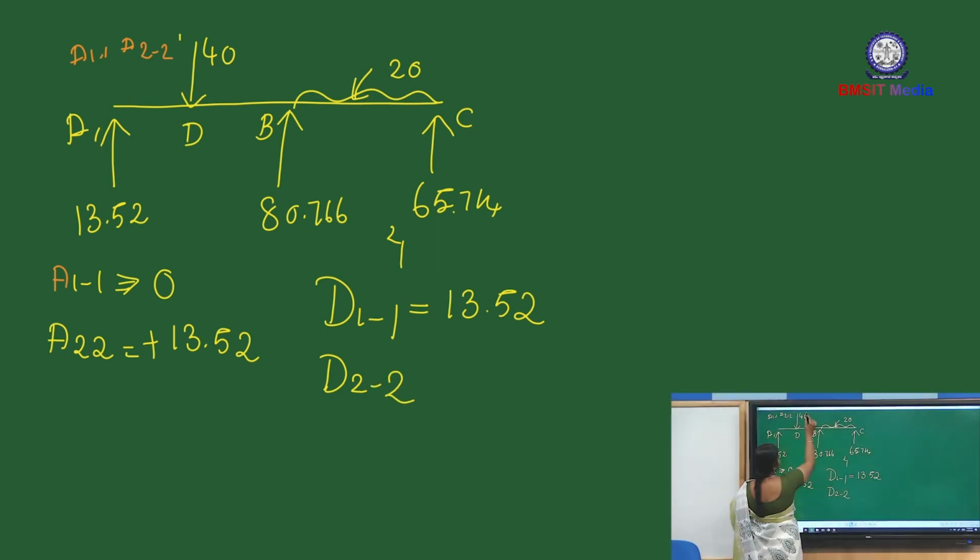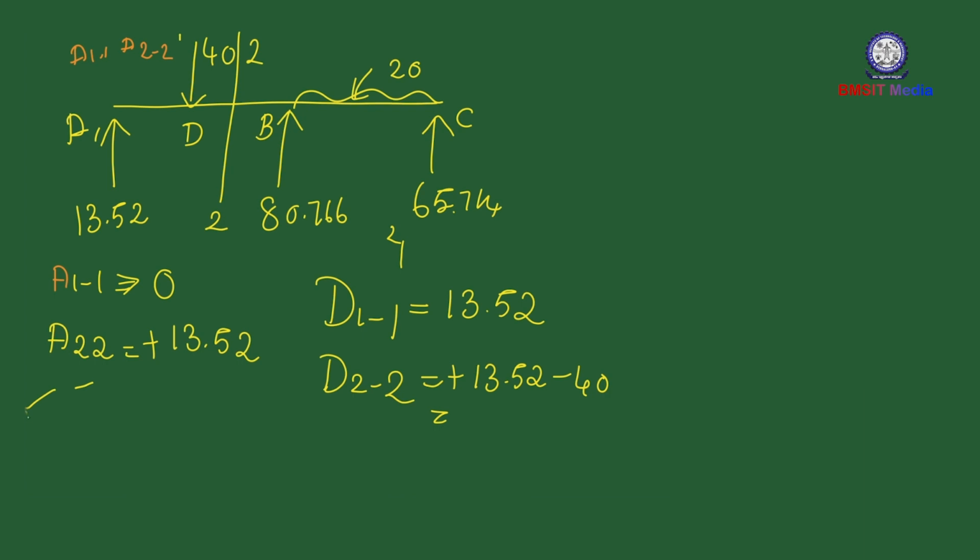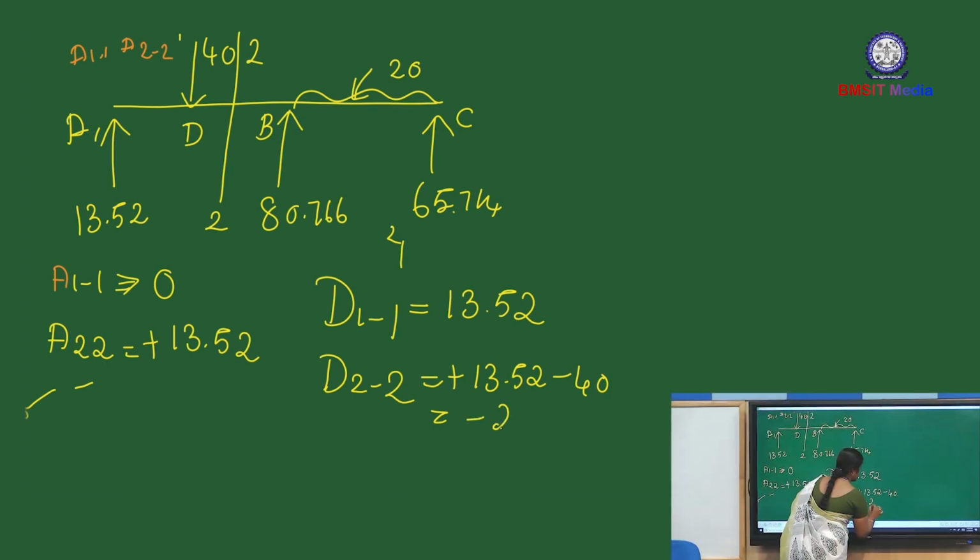D22 means this is the section D22. What forces are available on the back side of this D22? One is upward 13.52, another is acting downward, minus 40. So plus 13.52 minus 40 equals minus 26.48 kilonewton.